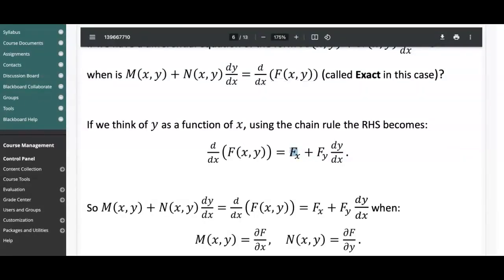That's why it's just f with a subscript of x. But taking the derivative in terms of y, we attach dy/dx, because that's dy over dx. Here it's just dx over dx, so that's why it doesn't show. So, the partial derivatives.